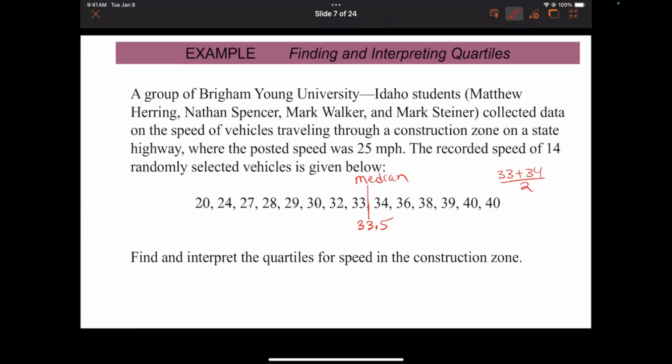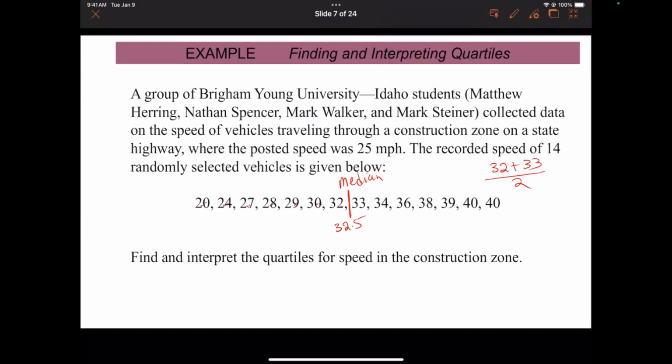Did I count those right? 1, 2, 3, 4, 5, 6, 7. And why didn't y'all tell me I put that in the wrong spot? Somebody's got to correct my math. It should be right here. I'm sorry if I messed it up. That's why I do math in an erasable thing. It's 32.5. We would do 32 plus 33 divided by 2. Sorry about that. I was like, that doesn't look like the middle.